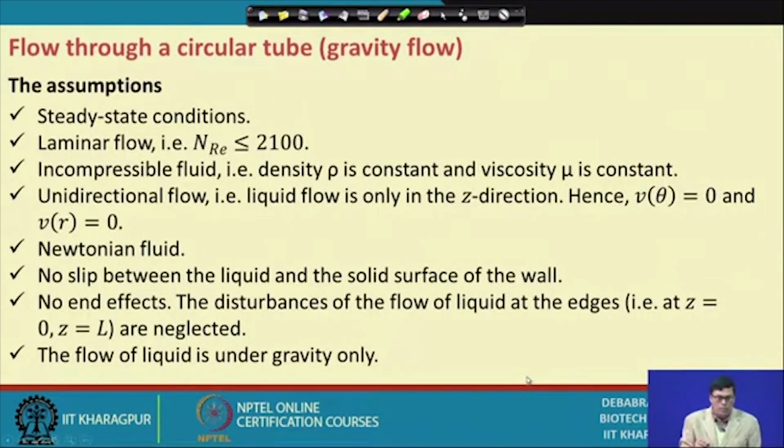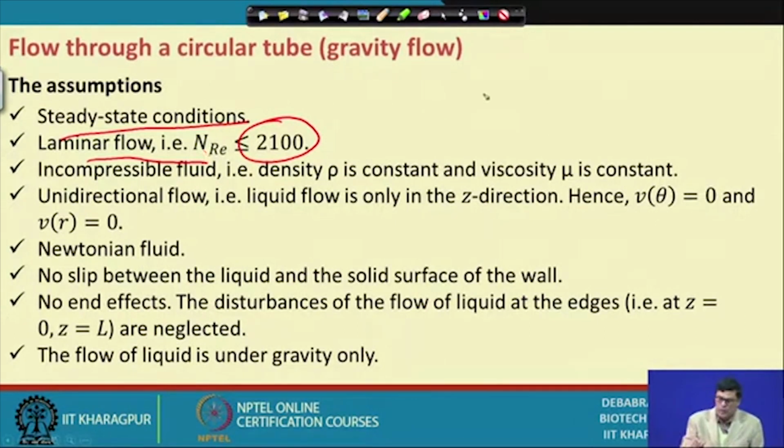Now for flow in the circular tube, we make the following assumptions. One is steady state condition. Laminar flow: we know that laminar flow occurs when the Reynolds number is less than 2100.